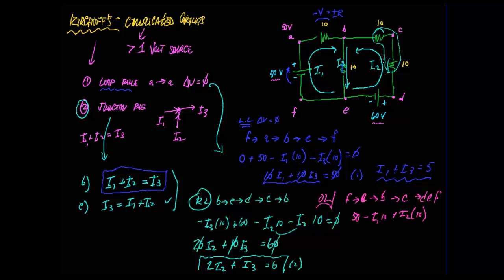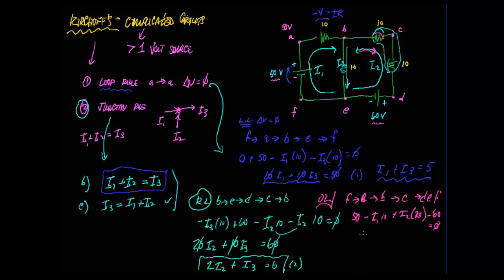Now why is it plus all of a sudden when I get here? Well, I'm going upstream. When I go downstream, it's minus, like in this first one. I go upstream, it's plus. Since there's two of them, I'm going to actually have a 20 here because there's a 10 and a 10. Now I'm going through the voltage source the opposite way, so that's a minus 60, and that brings me all the way back to F, so that has to equal 0.